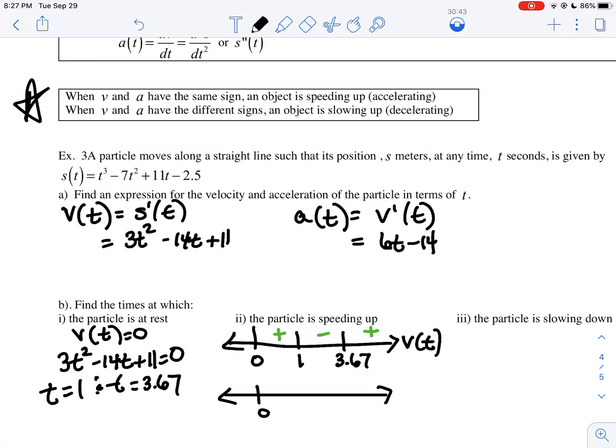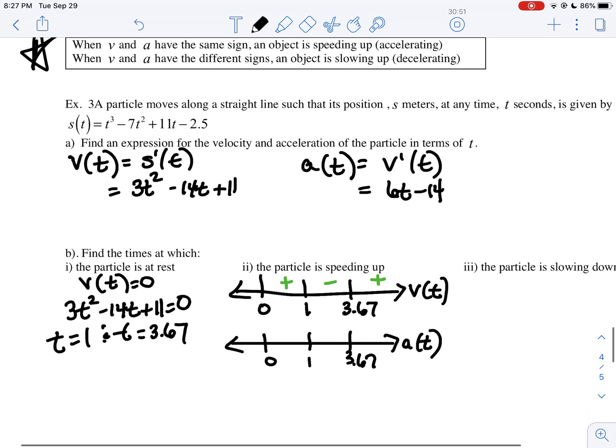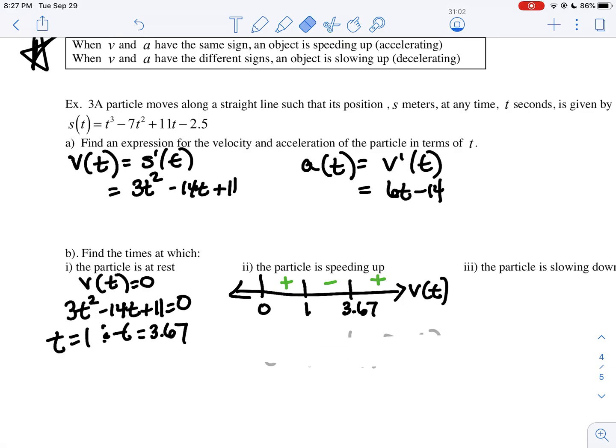Okay, so now let me do the acceleration. Okay, so now I'm going to go to the acceleration function. And so, whoops, wait a minute. Sorry about that. Let me do my acceleration. So the acceleration, I need to set the acceleration equal to 0.